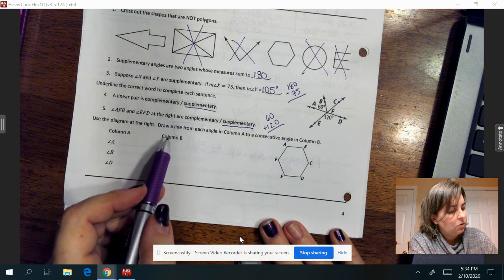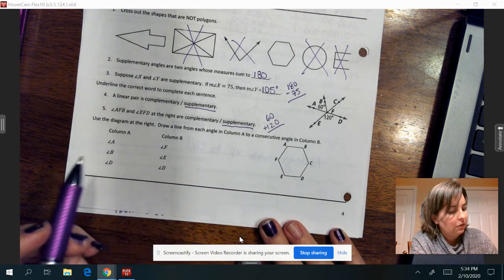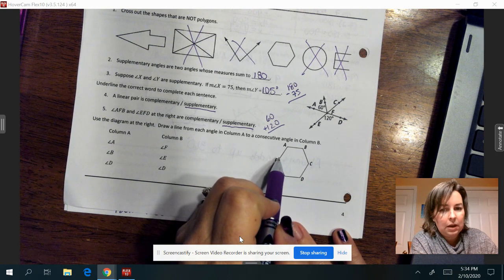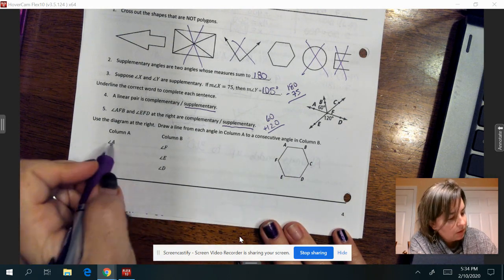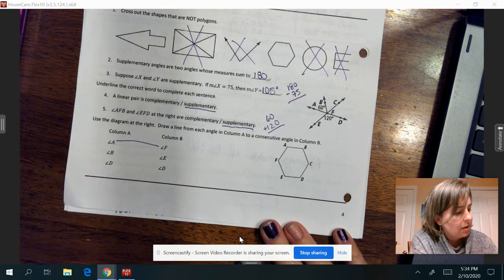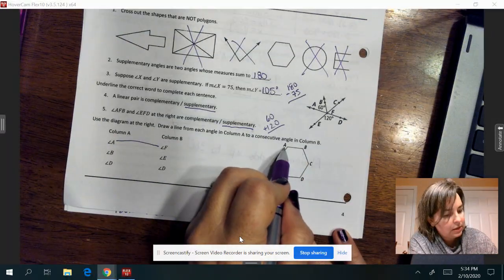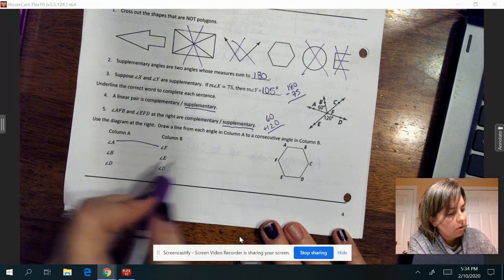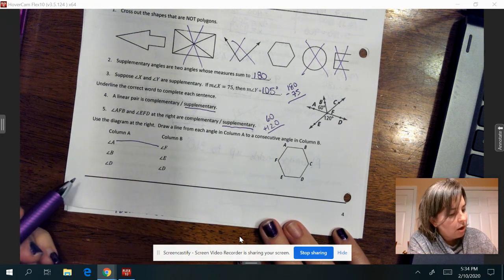Use the diagram at the right, draw a line from each angle to a consecutive angle in column B. So angle A is next to B and F. And F is the only one here that is one of those. Okay, so B is next to A and C. So that one doesn't have one over here that we can draw.